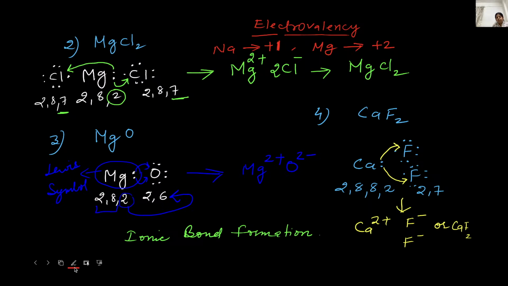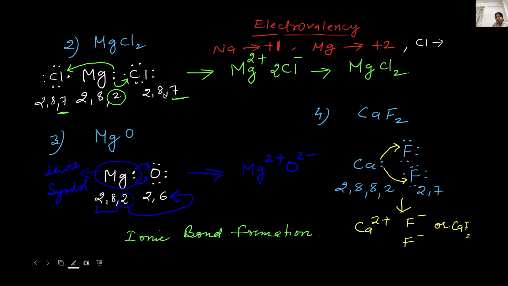Now, take some more examples of electrovalency, students. For example, if we look for the electrovalency of chlorine, tell me what will it be. Can you see the example we have written for magnesium chloride?